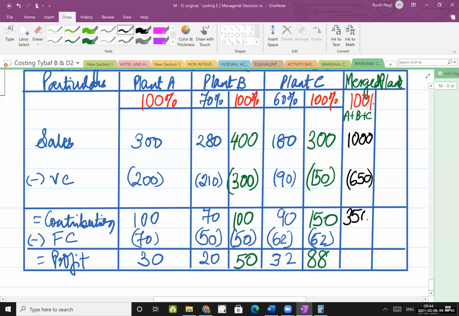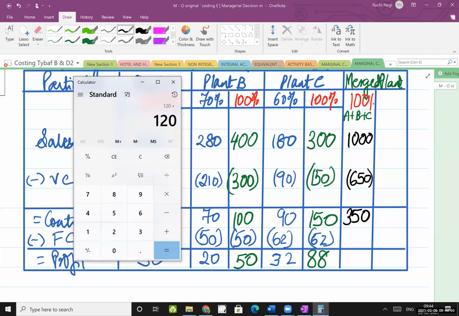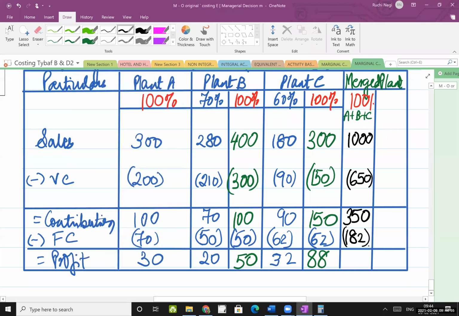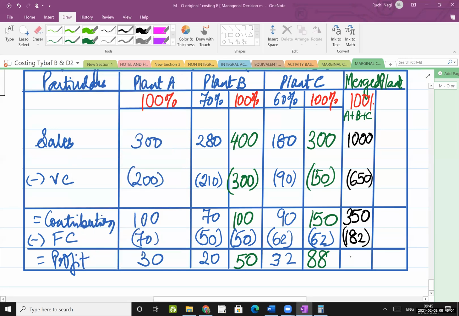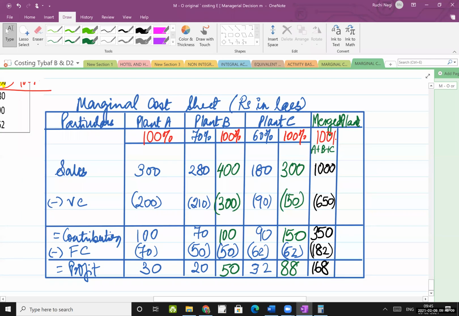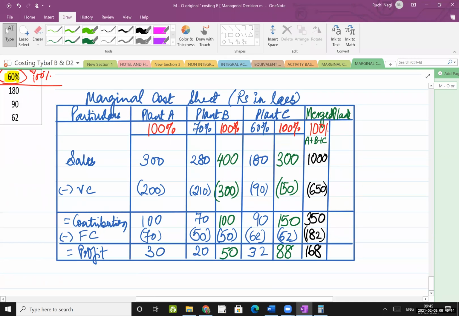Add all the fixed cost. 70 plus 50, 120. 120 plus 62, 182. 168. These all figures are in lakhs, and don't forget that. Understood everyone? Is this clear till here?